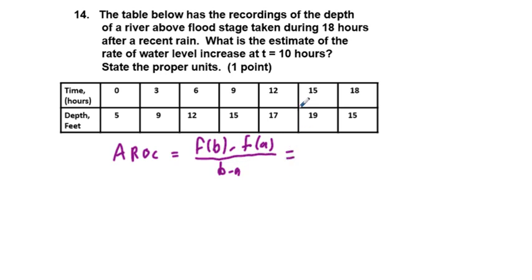And in this instance, we'll call b our 17, and we'll call a our 15. So we have 17 minus 15 in the denominator, and we have 12 minus 9 in the numerator, so 12 minus, so I have it backwards, just like one of my students did.